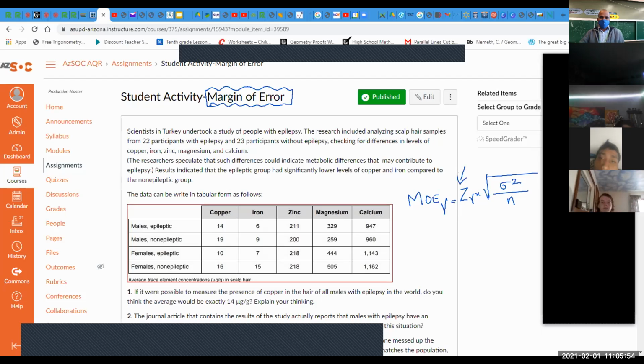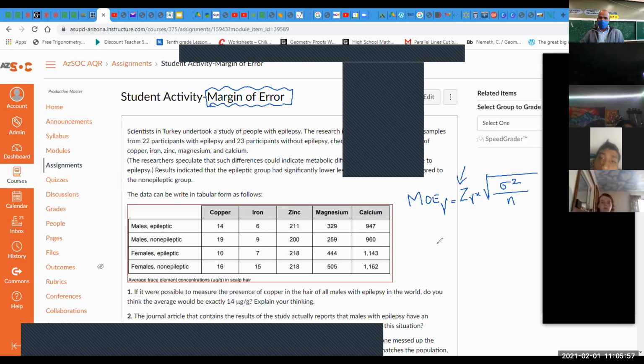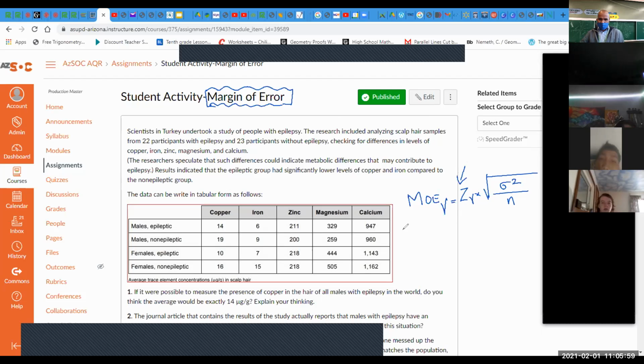Okay, let me change the color of my pen. This gamma, you have to read this as not r. This is not lowercase r, this is gamma. This represents the confidence level. You will get an idea when I am doing one problem.